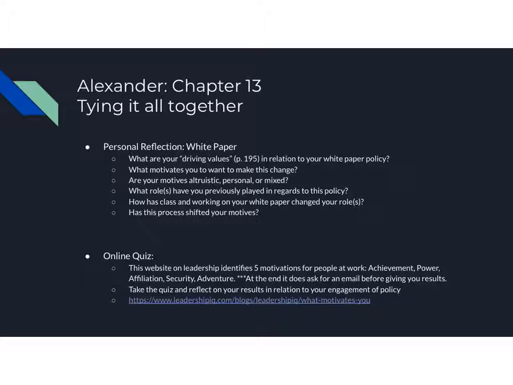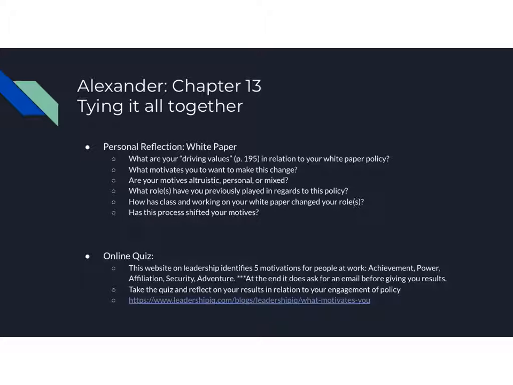Lastly, I found this quiz. It's an online quiz on leadership, and it identifies 5 motivations for people at work, specifically about leadership. So what motivates people to be leaders at work is kind of the premise behind this online quiz.